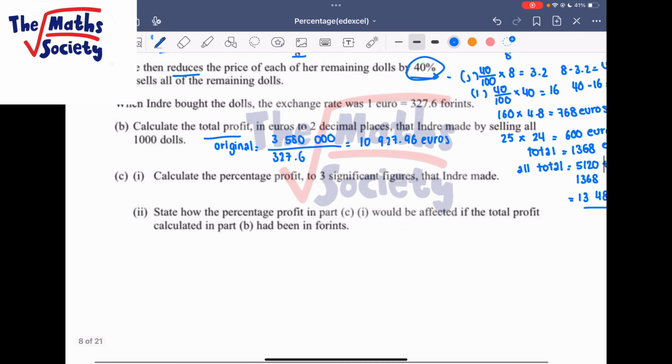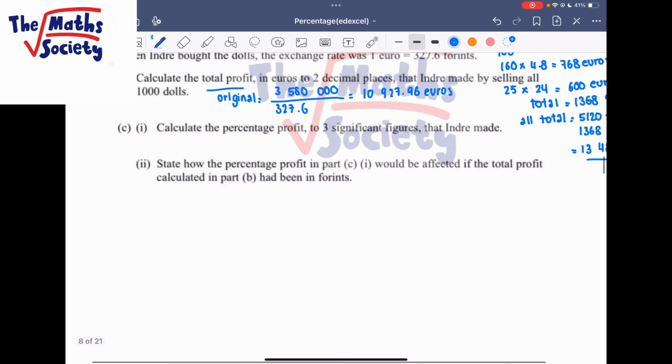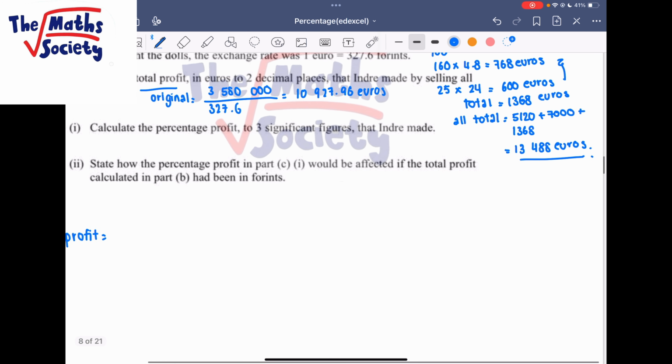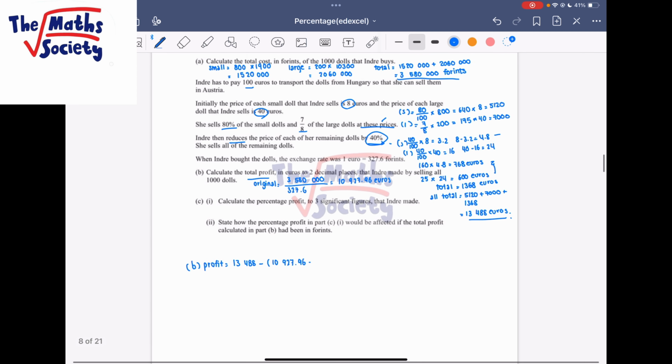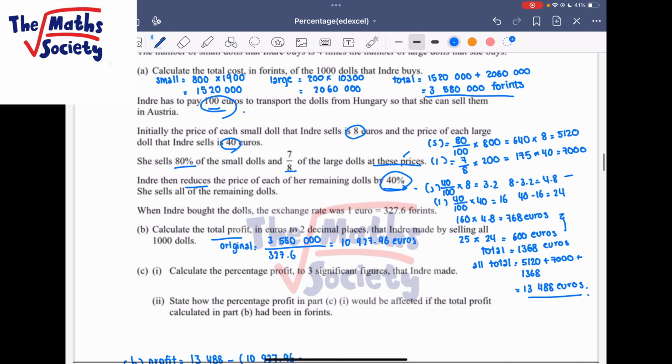So we didn't know the percentage profit, right? Not percentage profit, the total profit. So the profit that she got was 13,488 minus 10,927.96, and we cannot forget one thing, which is the transport amount that she paid.